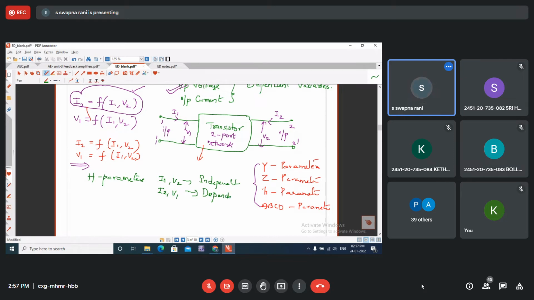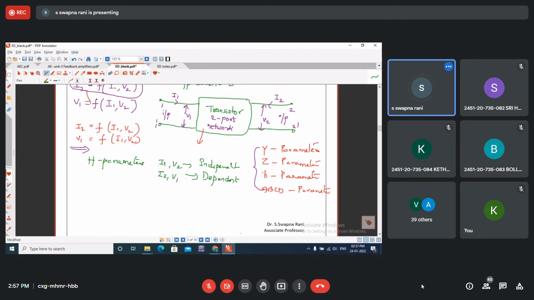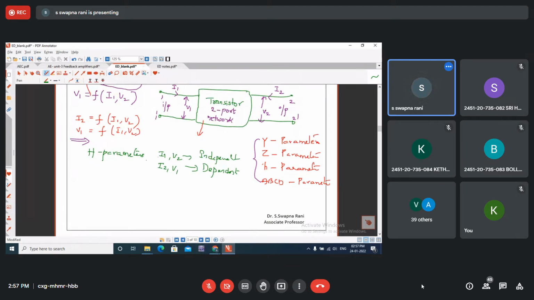This is one reason why I am taking H parameters. Based on this, the H parameter model is used to represent the transistor in active region.